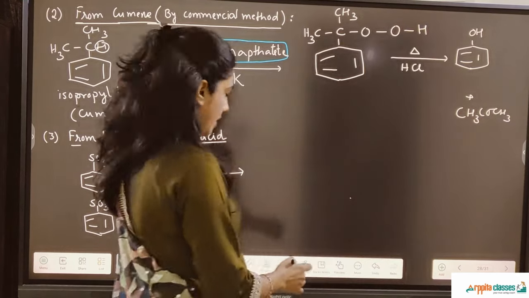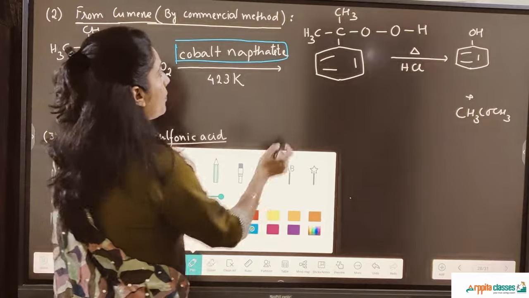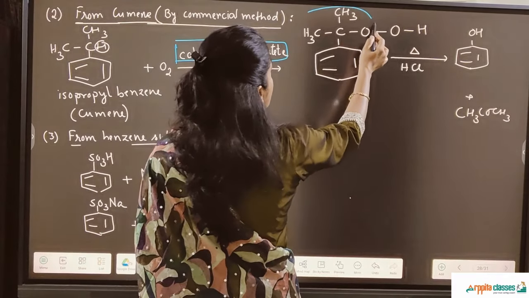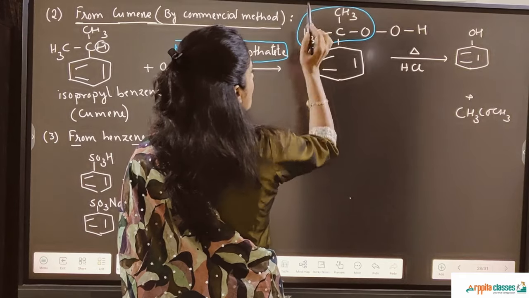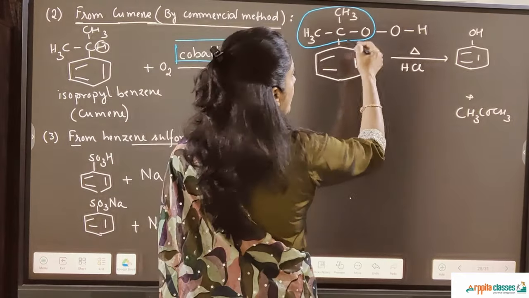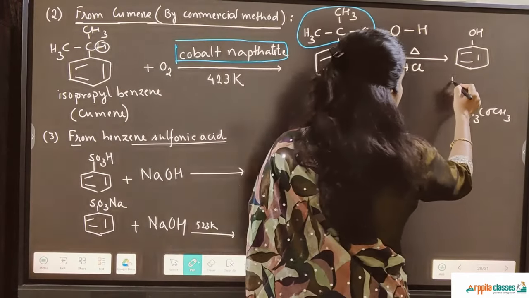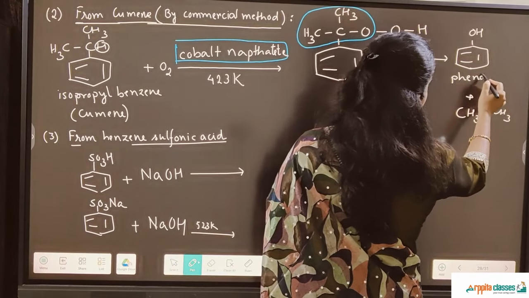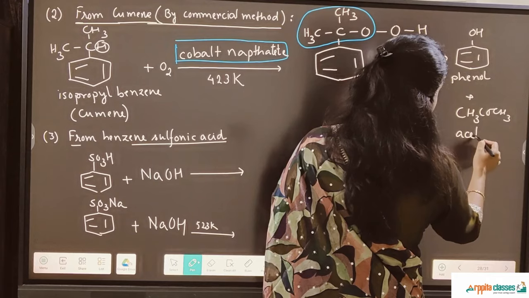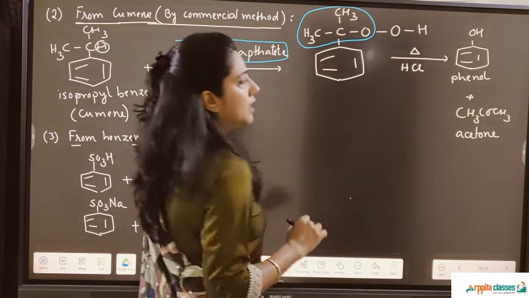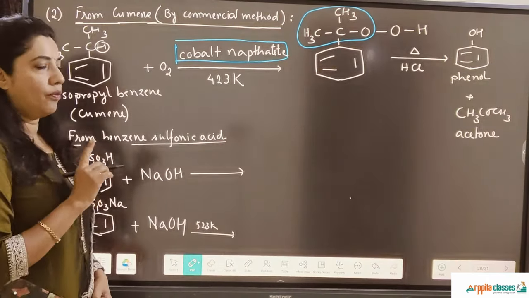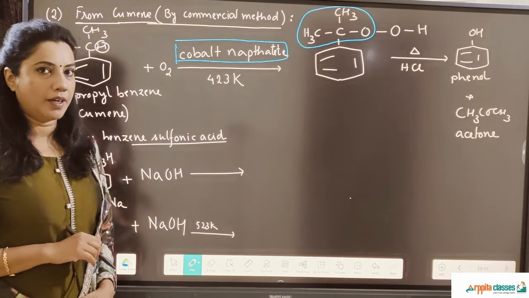How it is coming? Just check it over here. This is your CH3COCH3, that is your acetone, and this OH gets attached to the benzene ring, which is your phenol. So we get our main product, that is phenol, and the byproduct is acetone. So this is the commercial method of preparation of phenol from cumene or isopropyl benzene.